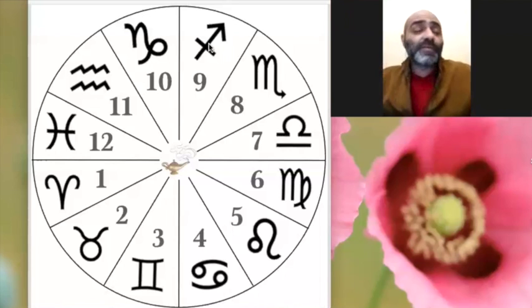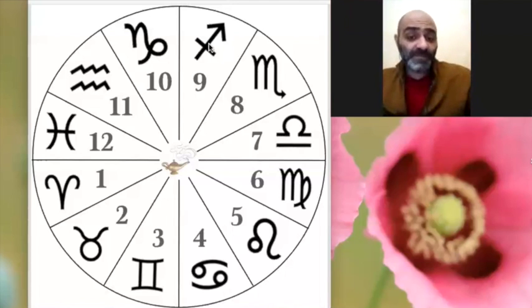The 12th house is the house of foreign countries, distant countries, overseas. It's related to isolation, both positive or negative. Isolation in the negative sense could be imprisonment, confinement, asylums, hospitals.